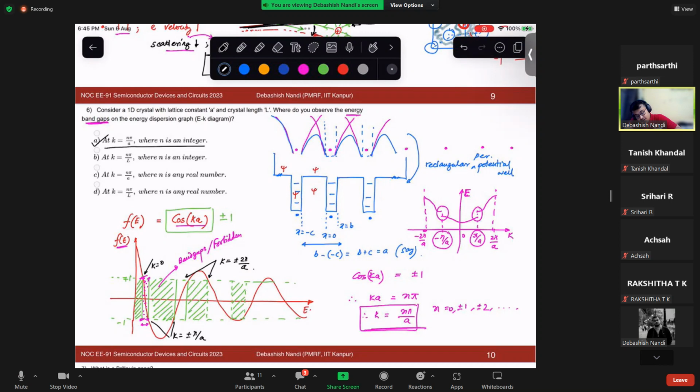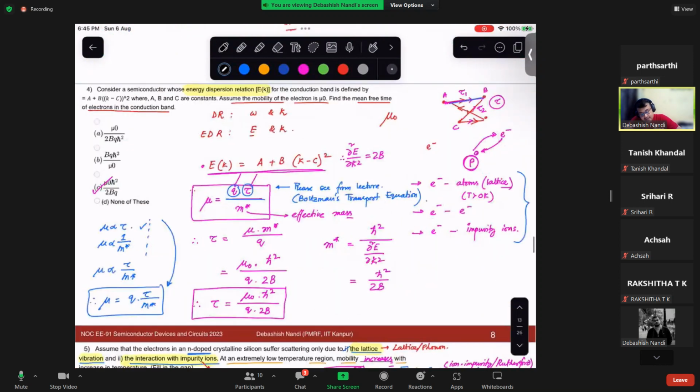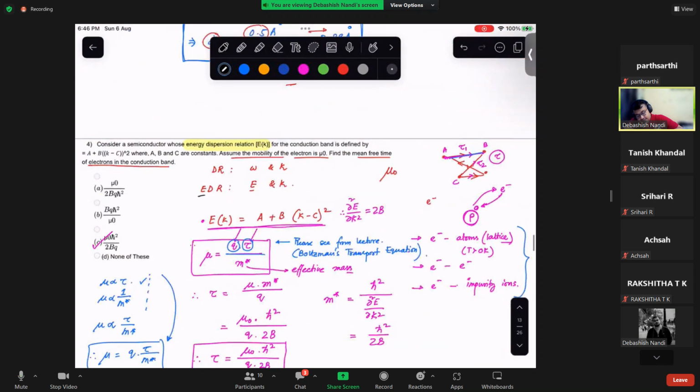Okay. Where do you observe the energy band gaps in the energy dispersion graph? This is the energy dispersion graph. Why is this called energy dispersion graph? Because I have already told you earlier that energy dispersion relation, EDR, is the relation between E and K. Okay.